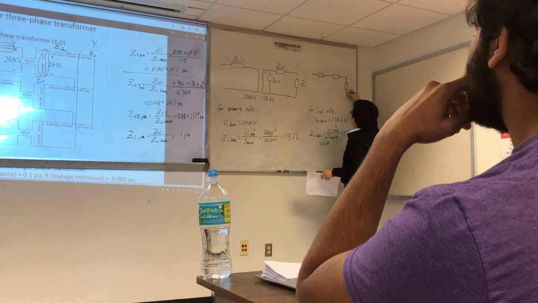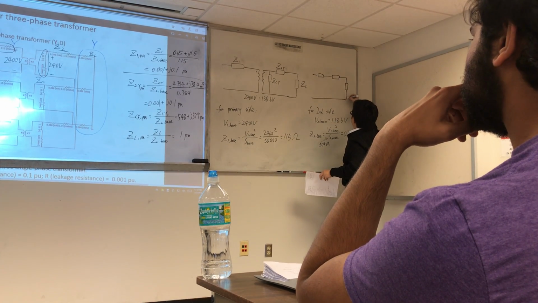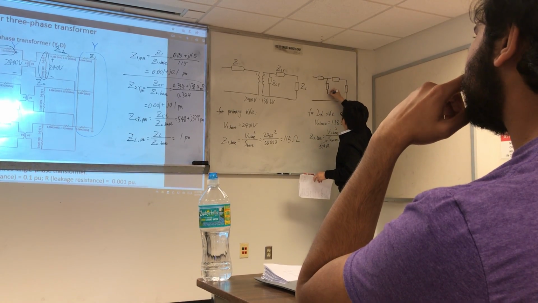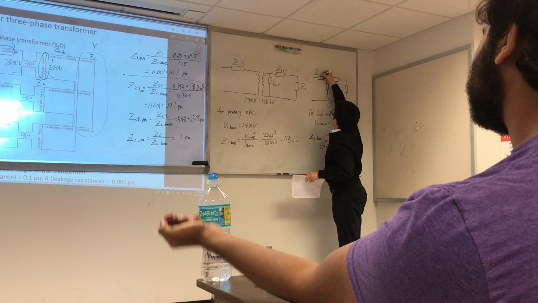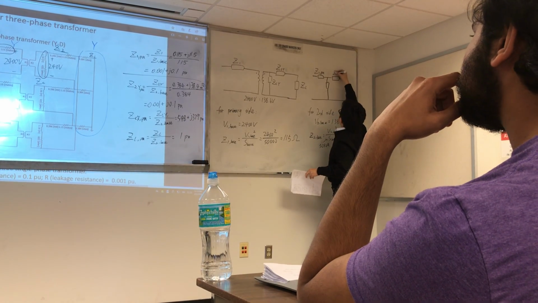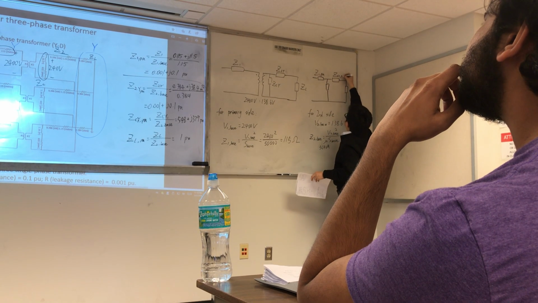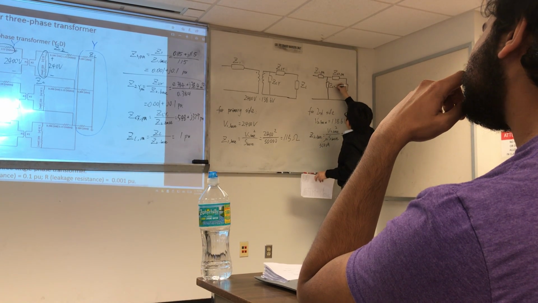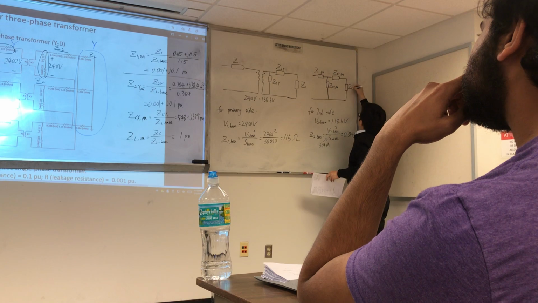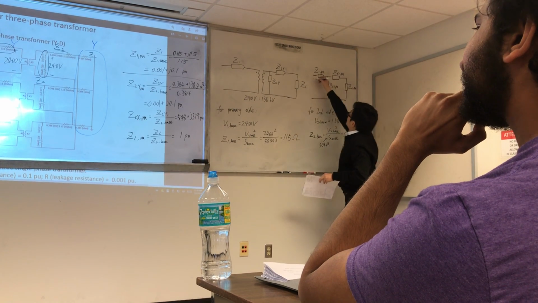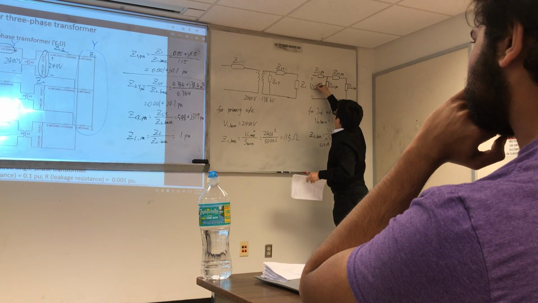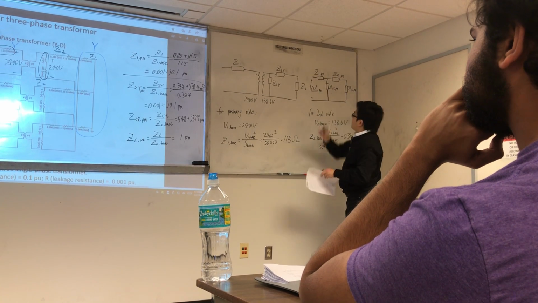This one is Z1 per unit, Z2Y per unit, ZCY per unit, ZL per unit, and this voltage is 1.